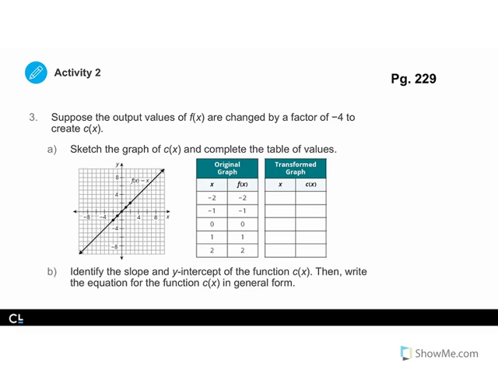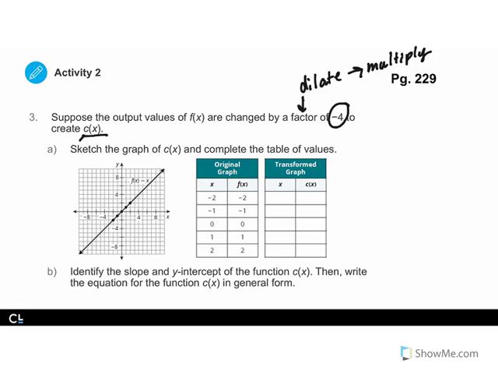Okay, the next one, you guys, is exactly the same. So it says we're going to take f of x, change by a factor, which means dilate, which means multiply by -4. And our new function is going to be c of x.